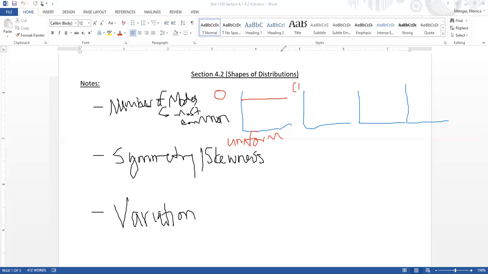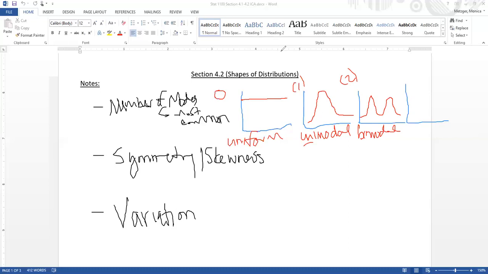If we have one value that occurs more than any other, now what we have is a unimodal. Look at that prefix uni, so we're thinking one, so it's unimodal. We could also have a bimodal distribution. So now instead of just having one curve or one hump, we now have two values that occur the most frequently.